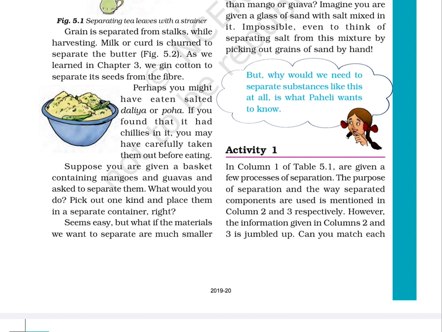The purpose of separation and the way separated components are used is mentioned in columns 2 and 3 respectively. However, the information given in columns 2 and 3 is jumbled up. Can you match each process with its purpose and the way separated components are used?